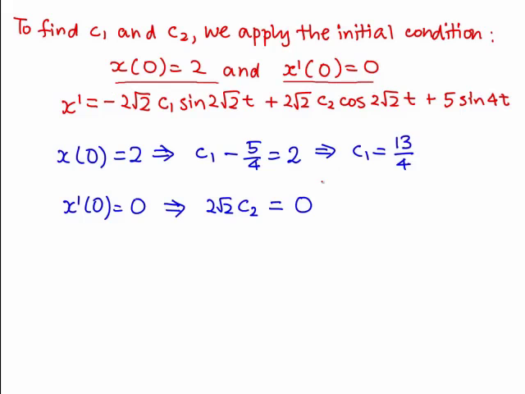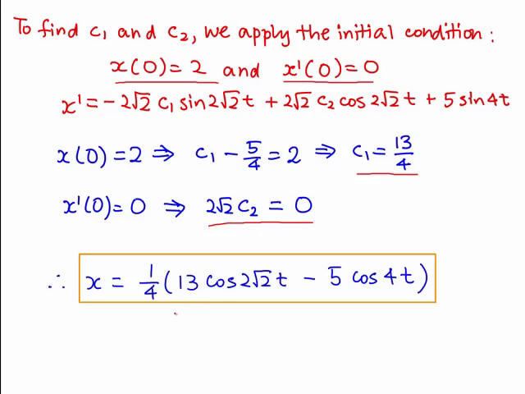So we take the first derivative of x with respect to t, and then substitute t equals 0 in both x and x', and we can work out the values of c1 and c2. In this case, we found that c1 equals 13/4 and c2 is 0. With these values, we can write down the solution to the problem, which is x = 1/4 (13 cos 2√2 t - 5 cos 4t).